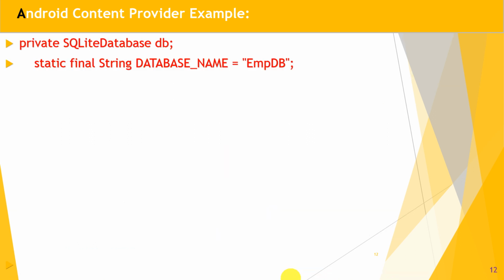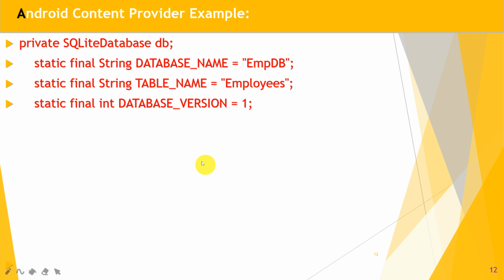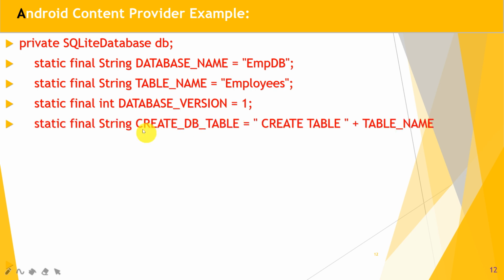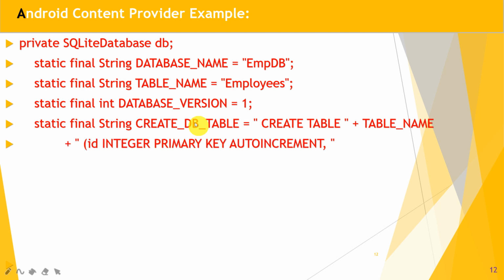Great. So here, first create the SQL database, then the constants: the database name is employeeDB, the table name is employees, and the database version is 1. After that, create a create table string, that is the SQL query. What is the table name?